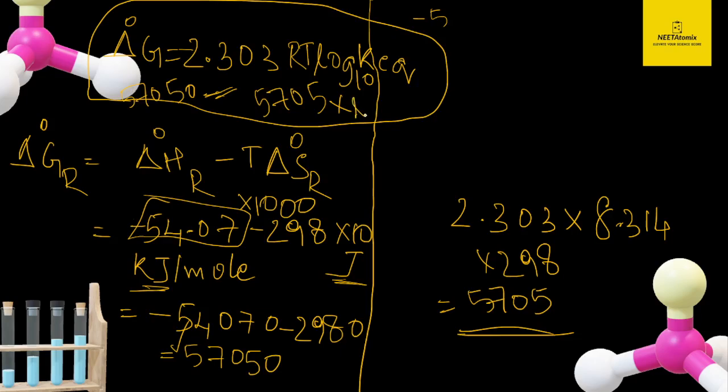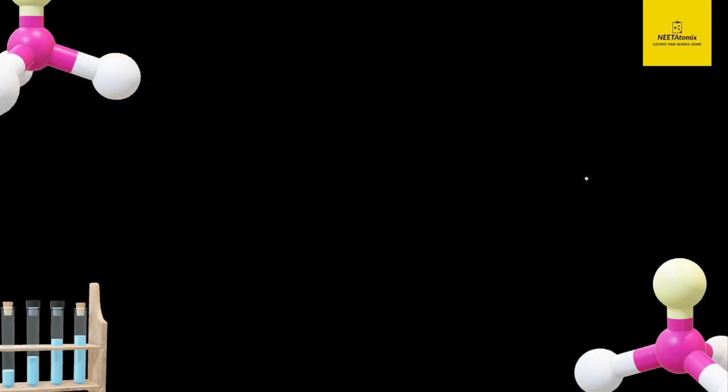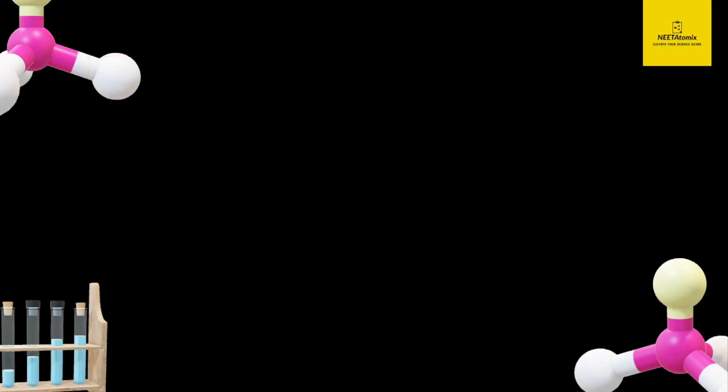We have to find log K_eq to the base 10. This one is 10 times, and you get log K_eq to the base 10 value as 10, and the answer is option B, which is 10.